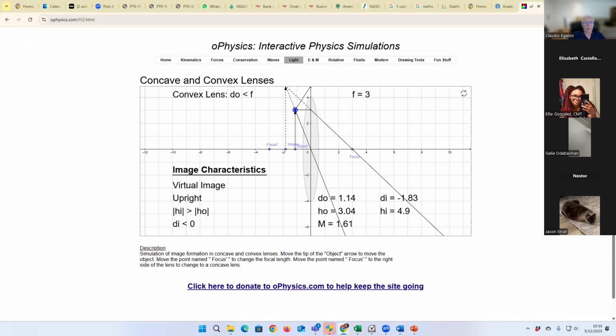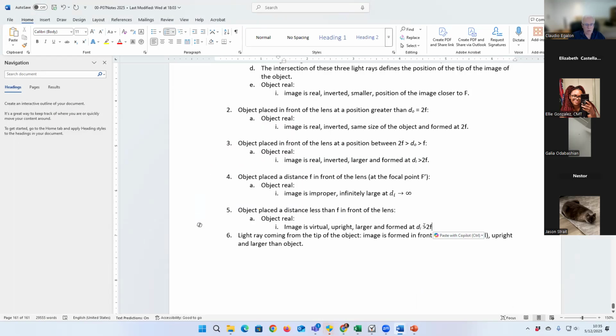DI less than DO because it's negative. Right? But I can also state magnitude of the DI is greater than magnitude of the DO. I can say that too. You go.